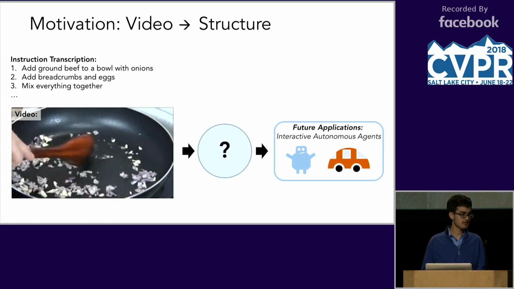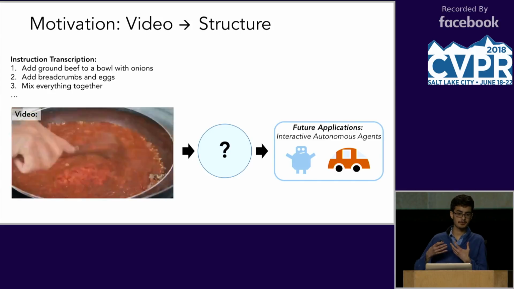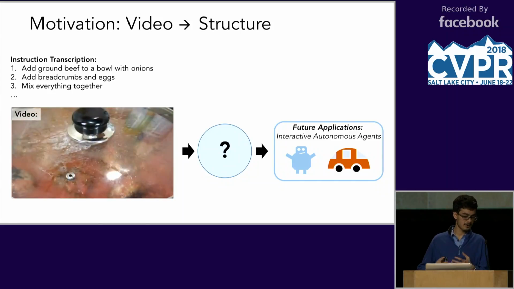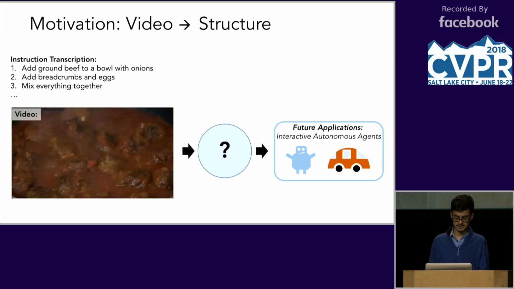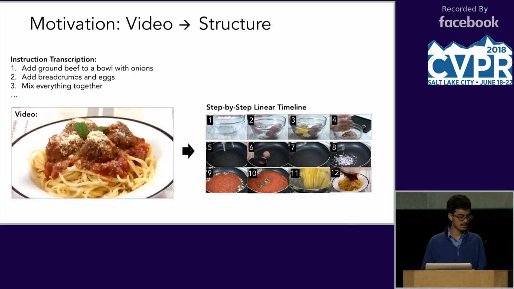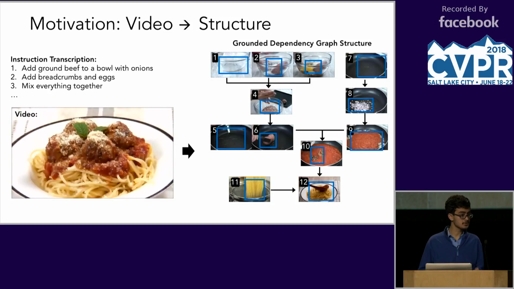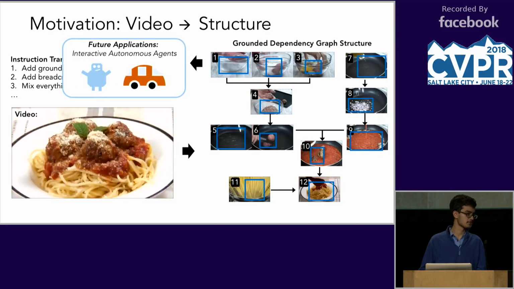But we still don't have a clear way to use these to train or teach interactive autonomous agents. And so we think that moving from a step-by-step decomposition to a more grounded causal dependency graph structure is a key towards moving towards these types of applications.